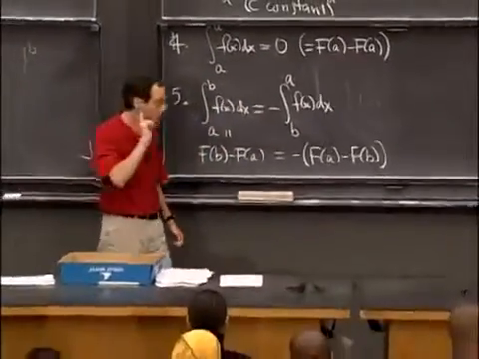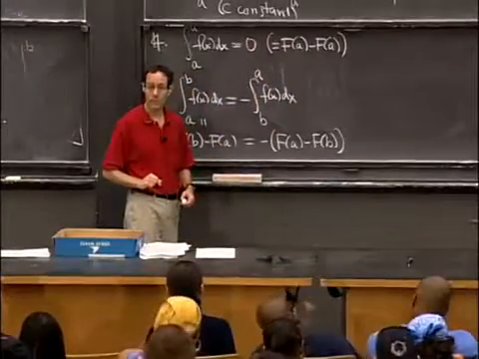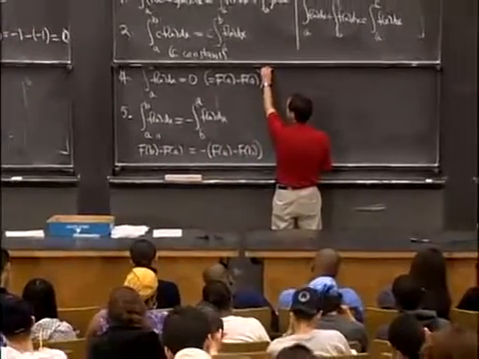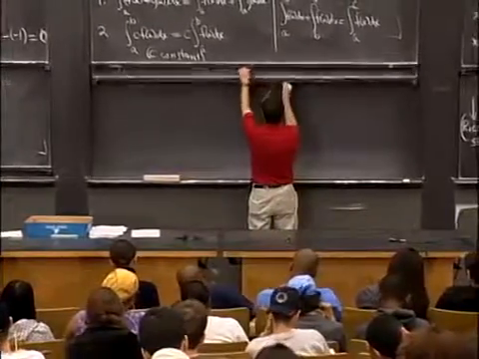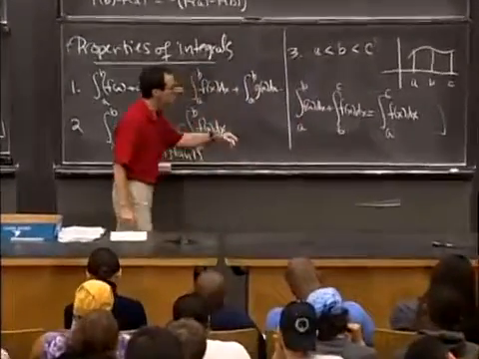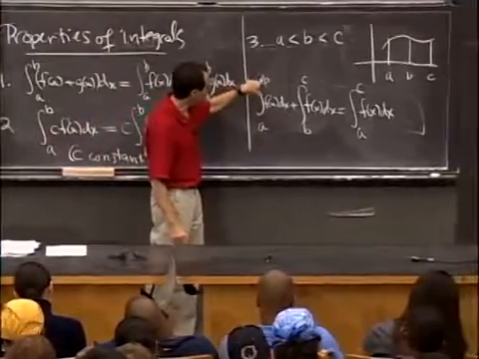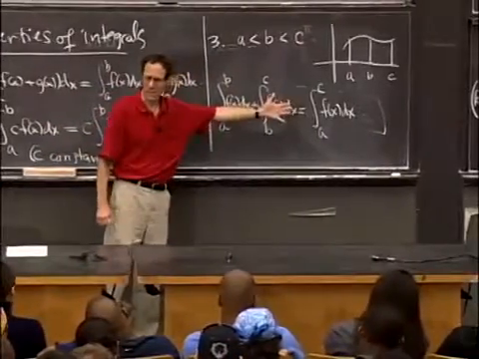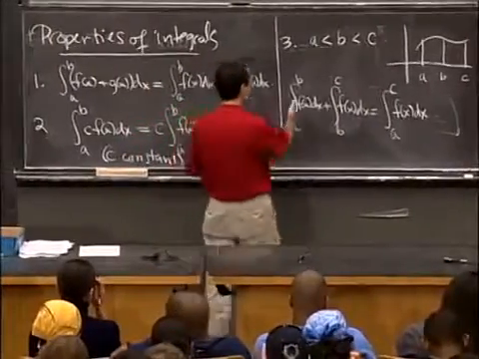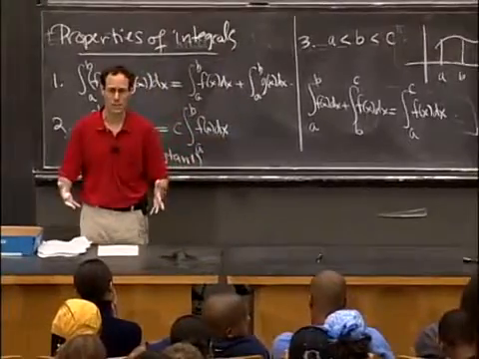And now I want to improve on Rule 3 here and point out to you, so let me just go back to Rule 3 for a second, that now that we can evaluate integrals regardless of the order, we don't have to have a less than b, b less than c in order to make sense out of this. We actually have the possibility of considering integrals where the a's and the b's and the c's are in any order you want.